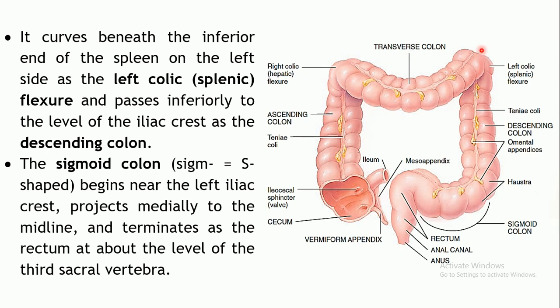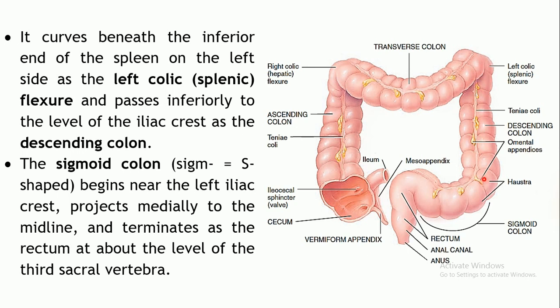Once the transverse colon reaches the inferior end of the spleen, somewhere over here, it will take a turn again, a downward turn, called the left colic flexure, also known as the splenic flexure, because it is located just near the spleen. So it makes a turn, and it is moving downwards now.